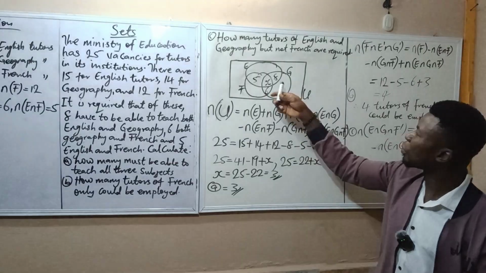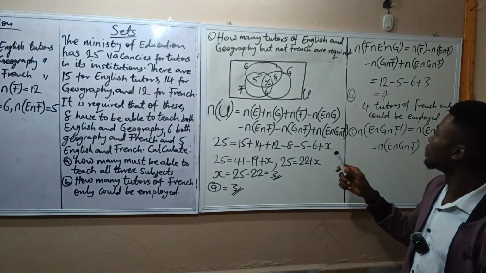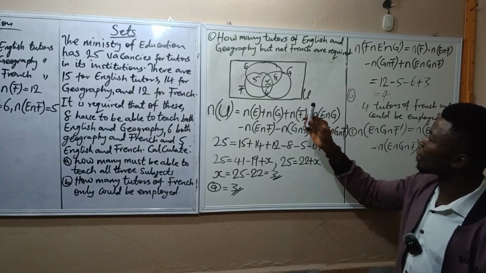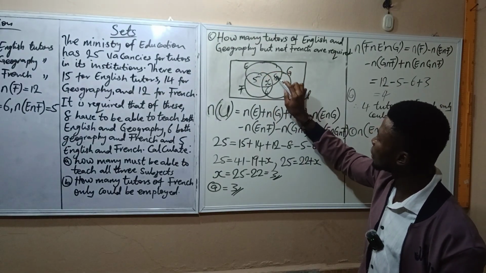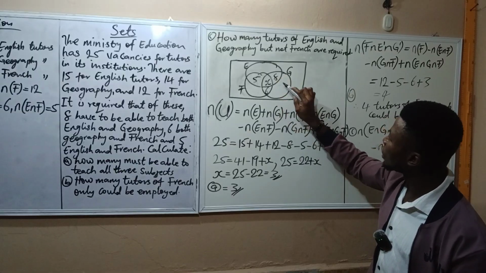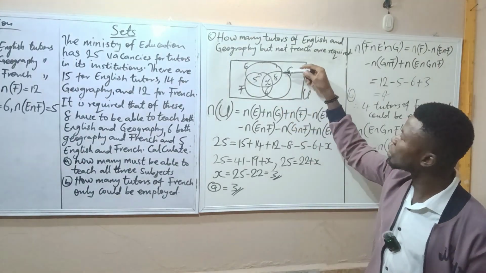That means to get this point alone here, it is the number of English intersection geography. And when you say English intersection geography, you mean this is English, it covers 8 and X, and this is geography, it covers X and 8. But we are looking for this place alone.